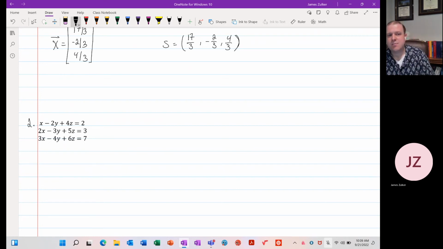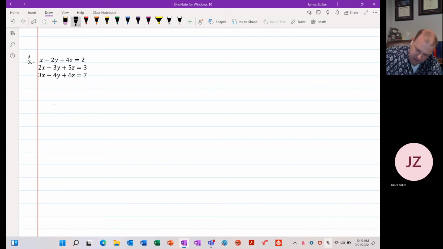Go ahead and solve this system. So here I'm just going to jump to setting up the augmented matrix. I'm sorry, not the coefficient matrix, but the augmented matrix. So we're going to get this.